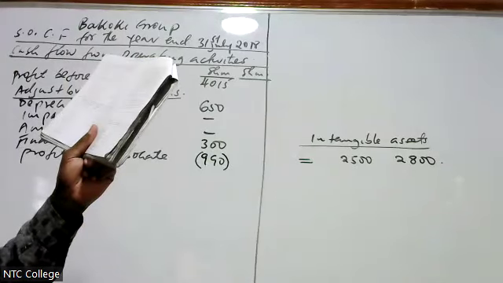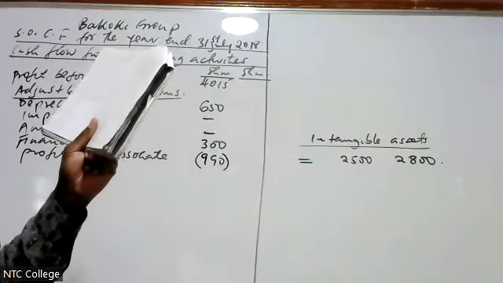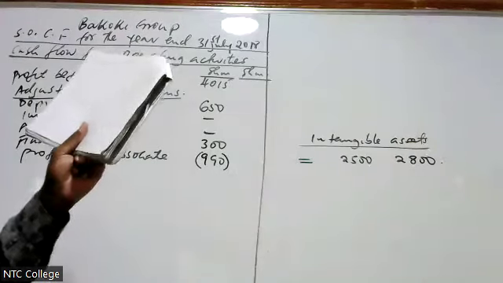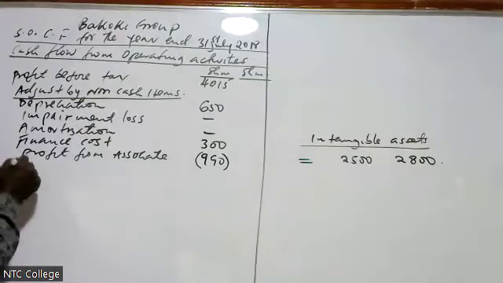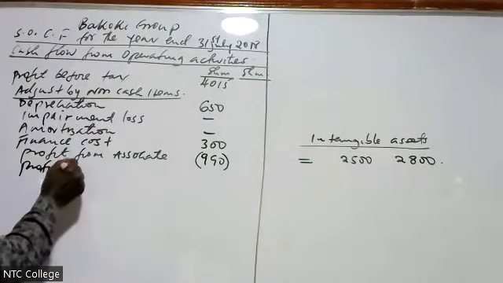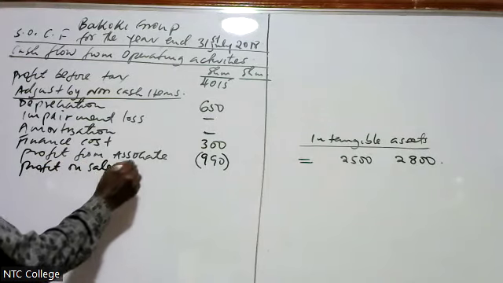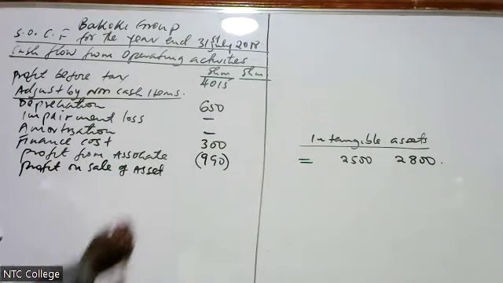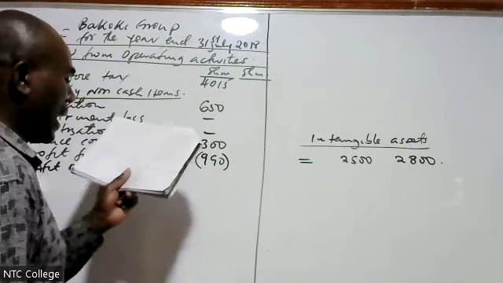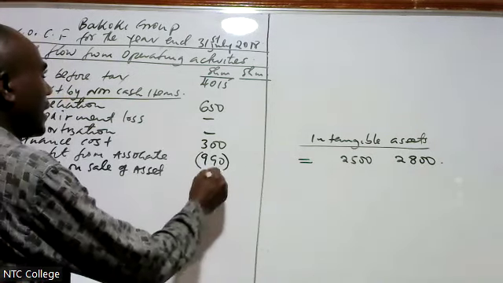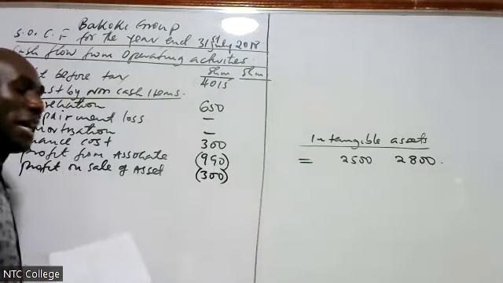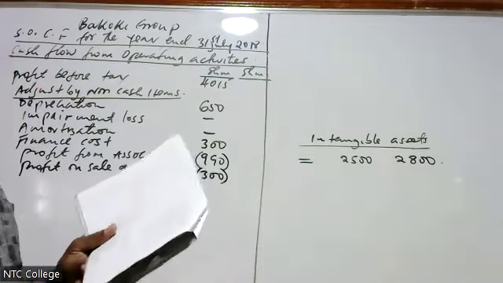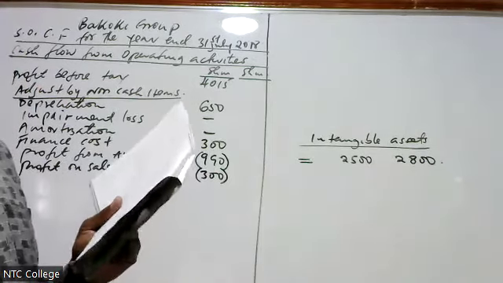Then also in the income statement, before tax there is profit on disposal of tangible asset. Profit on sale of asset. Before tax, we are looking at items before tax, 300. Any profit you less, any loss you add. 300 there, 300 there.